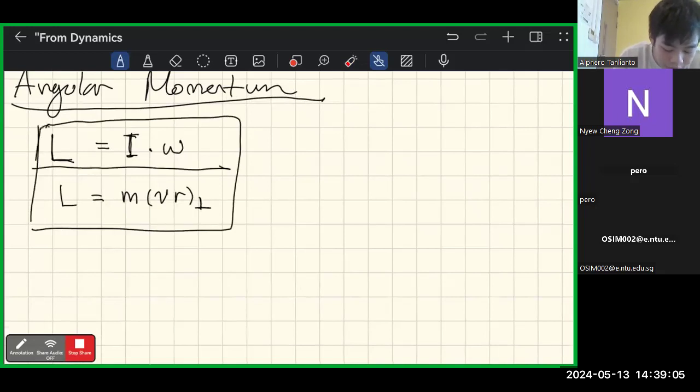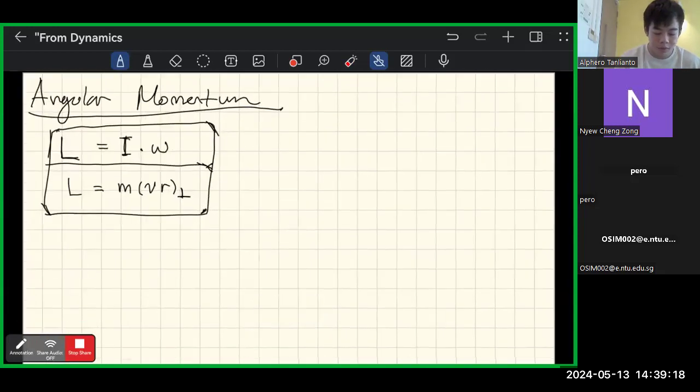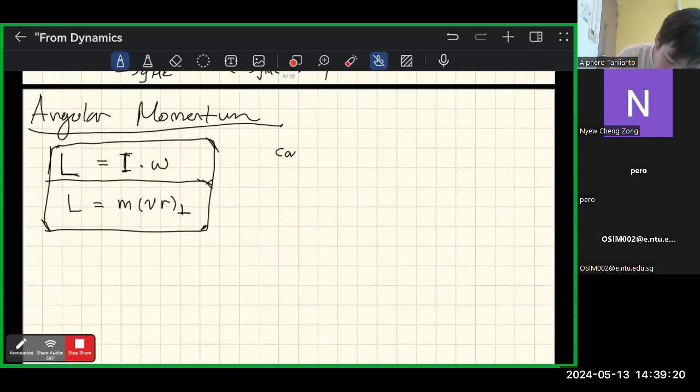Okay, this is the angular momentum. This is another part. For this, you usually consider a problem with conserved angular momentum.